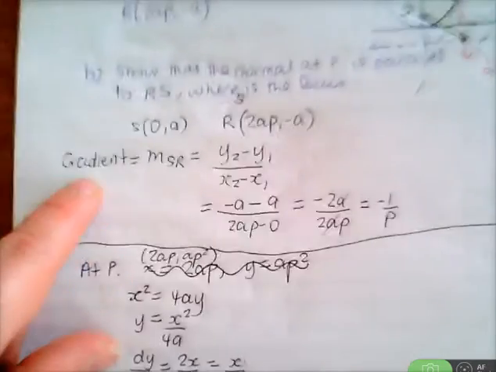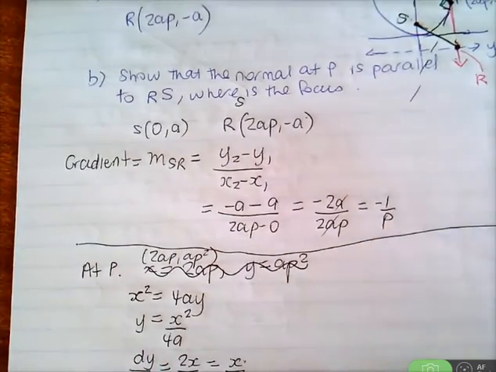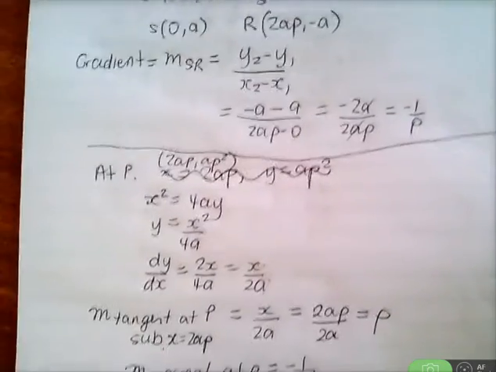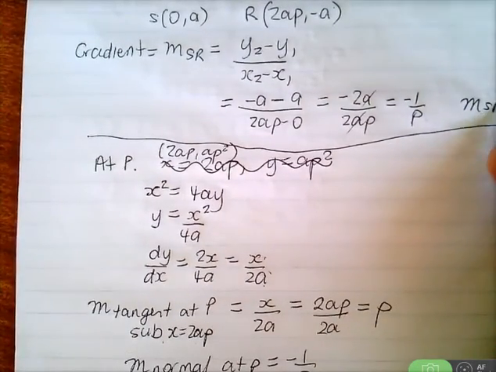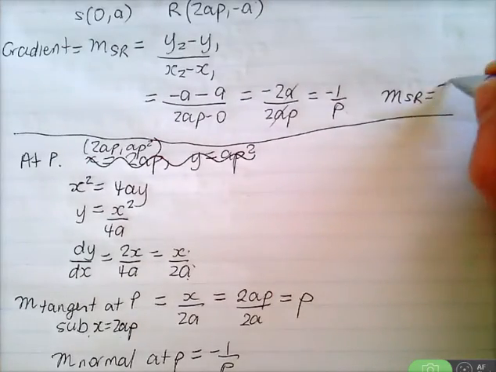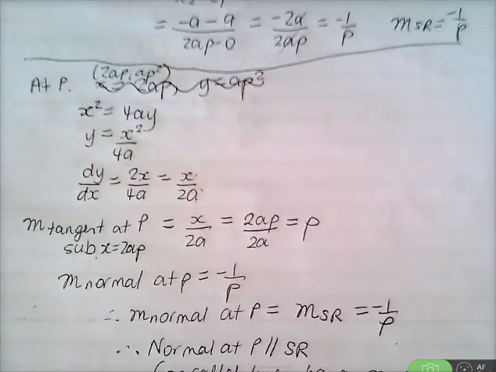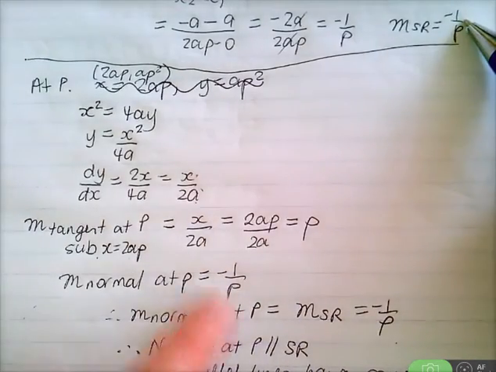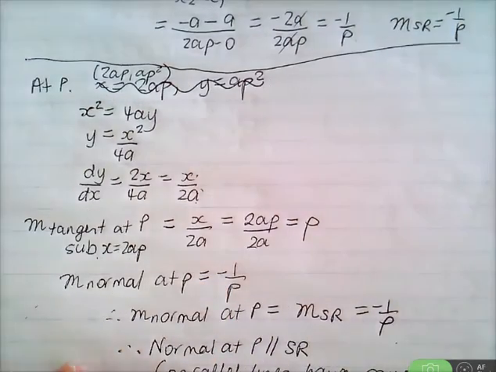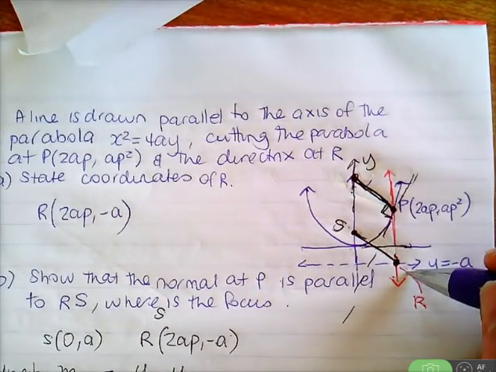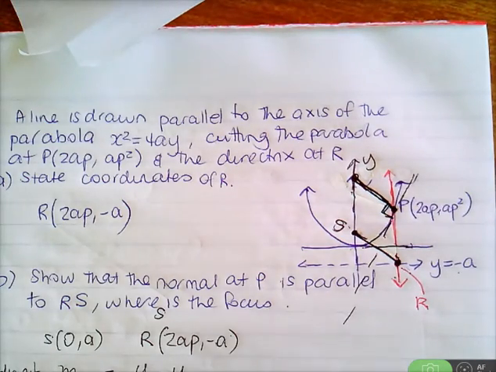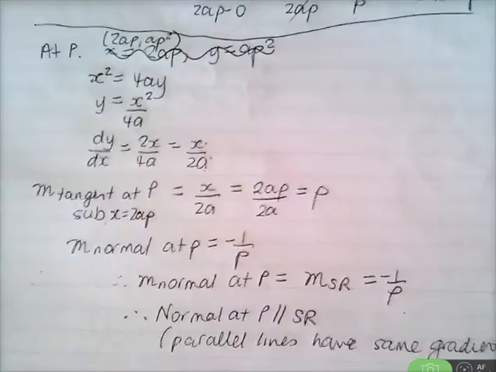We did the gradient of SR up here, it is -1 on P. The gradient of the normal at P is -1 on P. So these two have the same gradient. So if I go back up, do you want to see the original problem now? Gradient of SR is -1 on P. Gradient of normal at P is -1 on P. They're parallel.